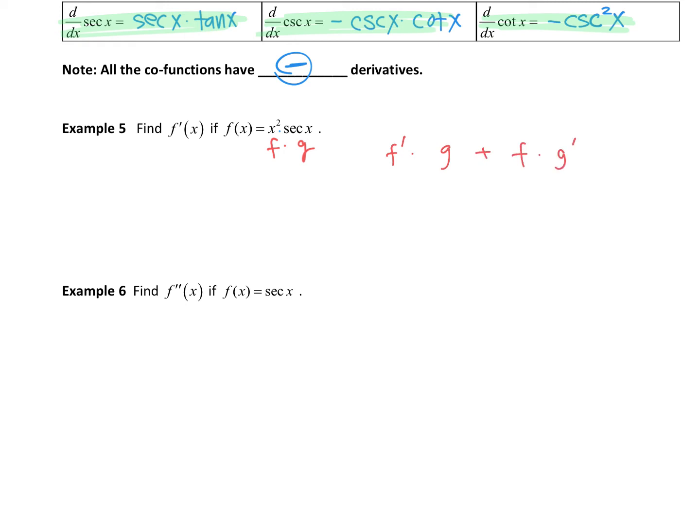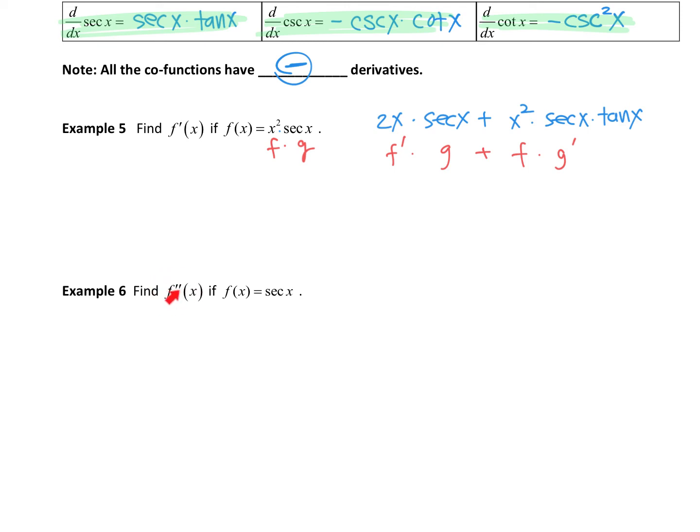The derivative of the first term, x squared, is 2x, times the second one, just leave it as it is, secant x, plus the first term left as it is, x squared, times the derivative of the second one. The derivative of secant is secant tangent. So secant tangent.